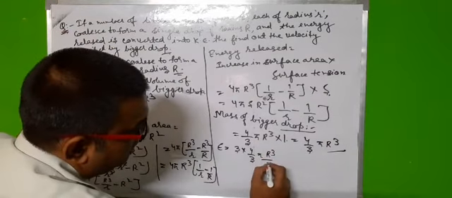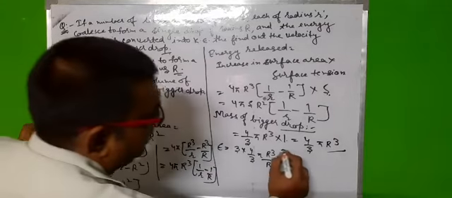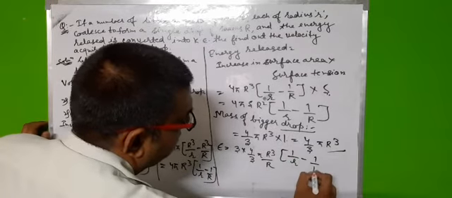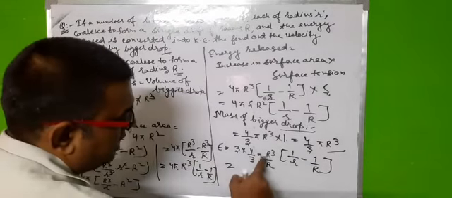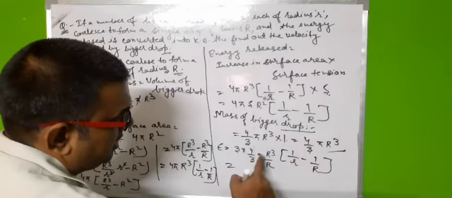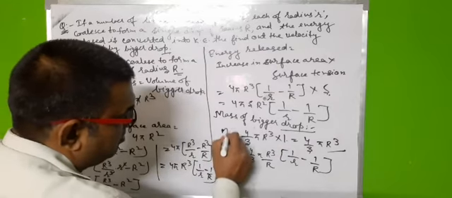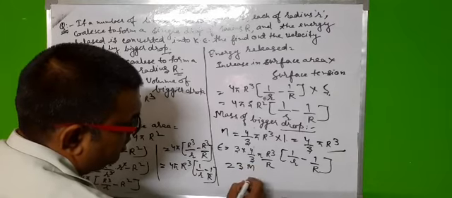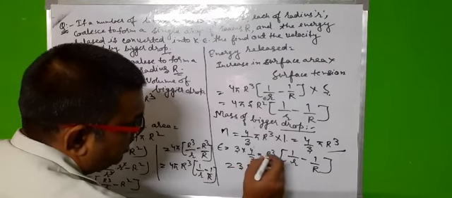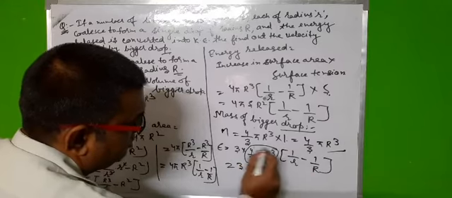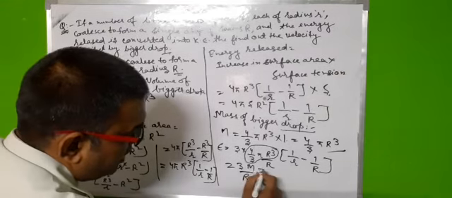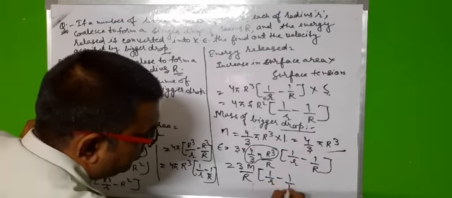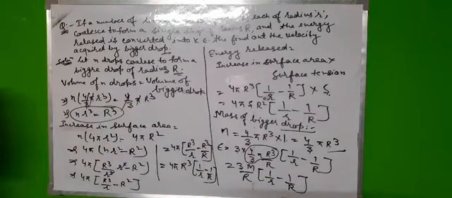So we have to divide it by r, and it is equal to 1 upon small r minus 1 upon capital R. And now 4 by 3 pi r cube is replaced by mass m. So it can be written as 3m upon r into 1 upon small r minus 1 upon capital R. So this is the energy released in terms of mass.